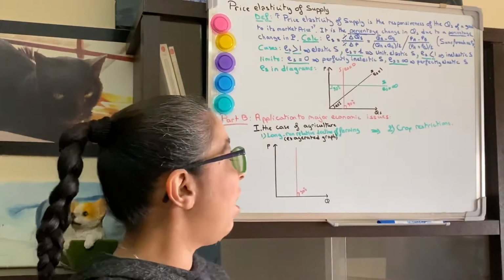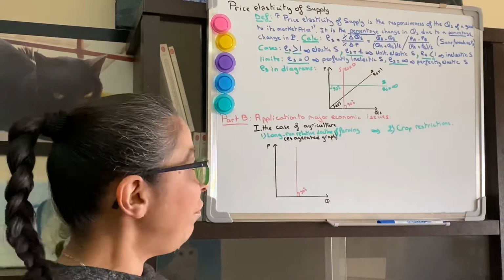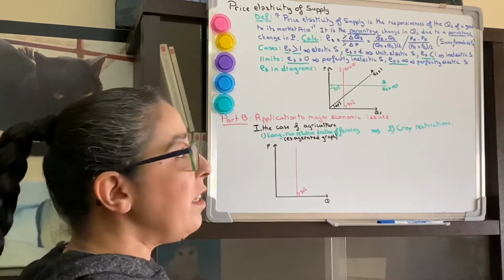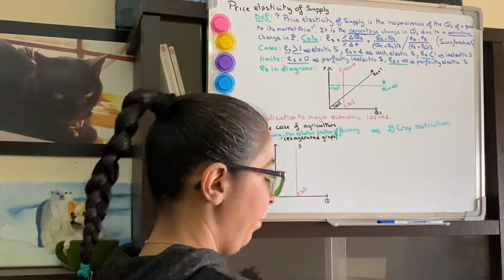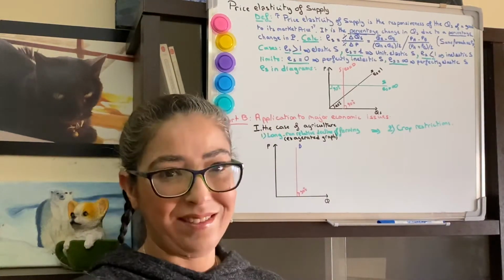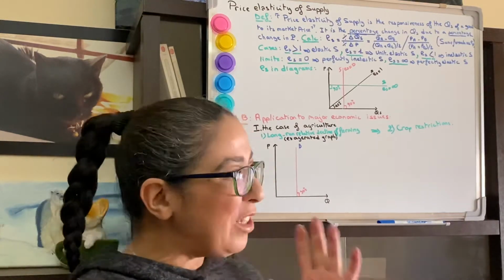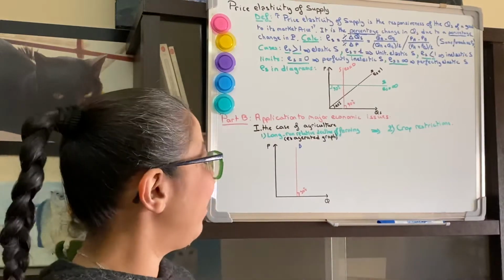That's the case of farming. Now I'm going to draw an exaggerated graph. I'm going to assume that the demand is perfectly inelastic. It is not perfectly inelastic in reality, but it is inelastic. But to show it clearly, I'm going to assume it's perfectly inelastic.